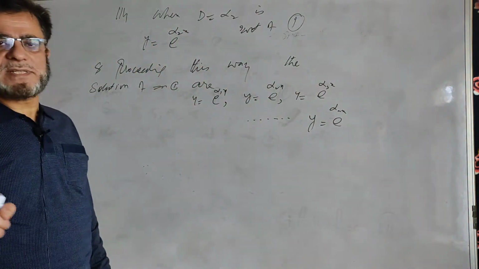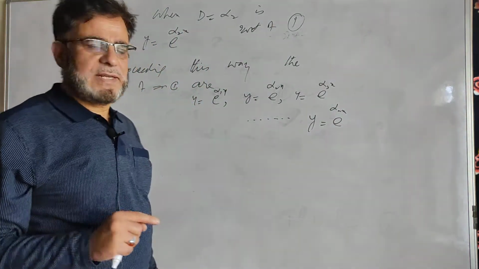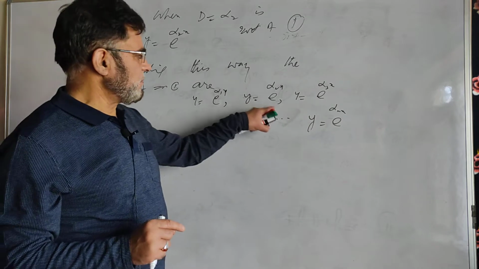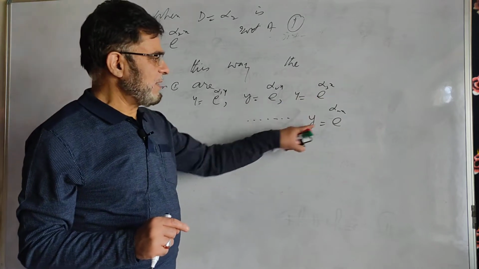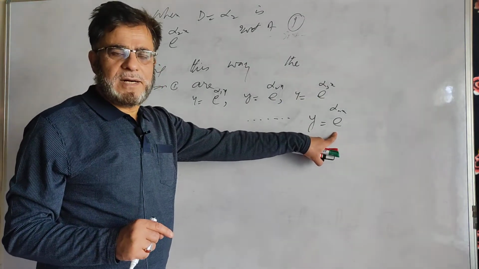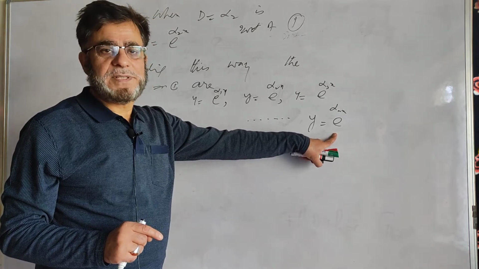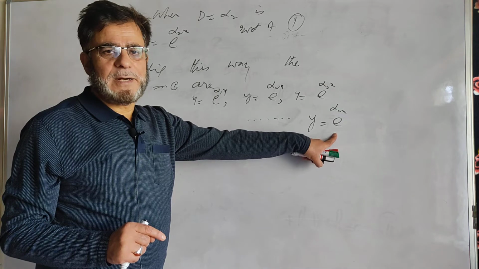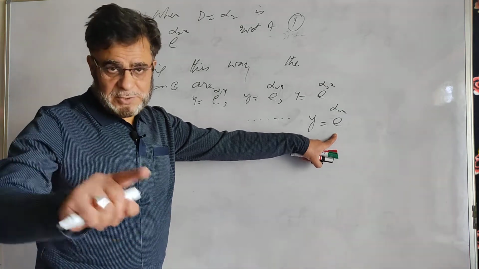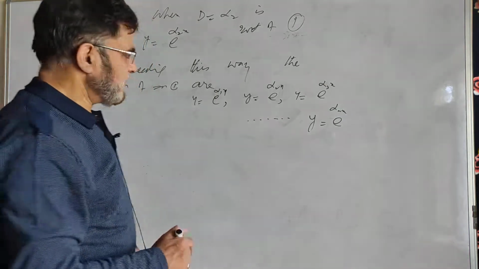Now in the first lecture, we said if y is equal to y1, y2, y3, and so on to yn are n linearly independent solutions of f of D y is equal to 0, then the complete general solution is obtained when we introduce arbitrary constants.